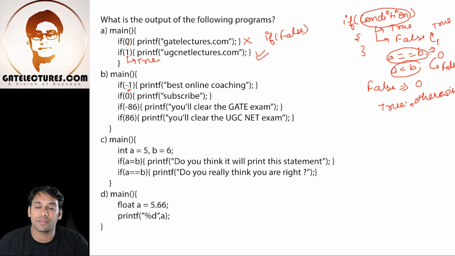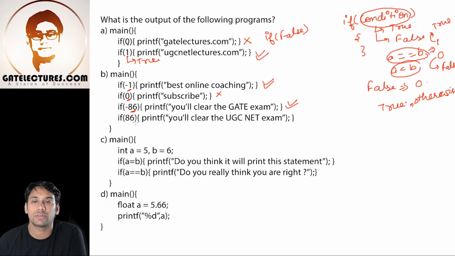Whenever the user types any number other than 0, it is true. So if -1 is a true condition and it is going to print this statement. The next statement is if 0, which is false, so this statement will not be executed. The next statement is if -86, which is true, so this statement will be executed. And if 86 is true, therefore this statement will be executed.